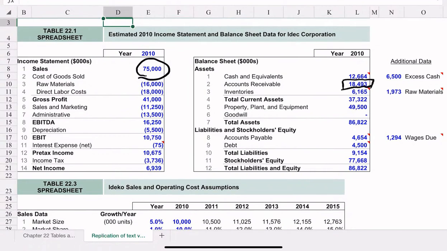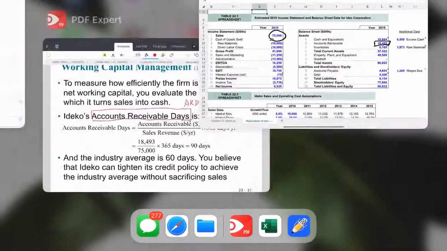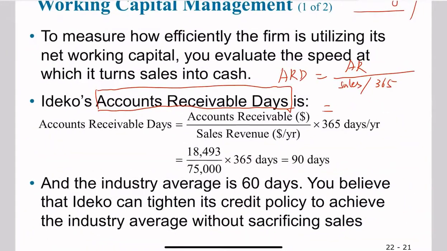So basically it would be 18493 divided by sales divided by 365. So this will give us 90 days, right?